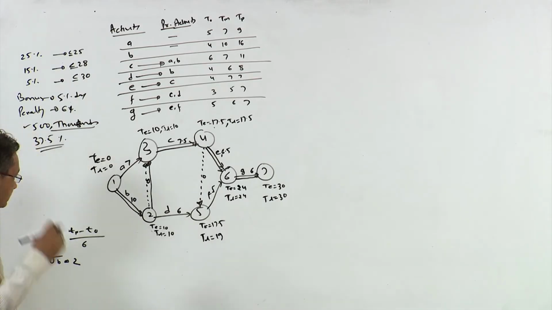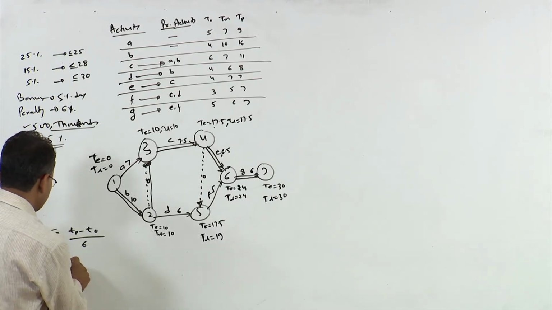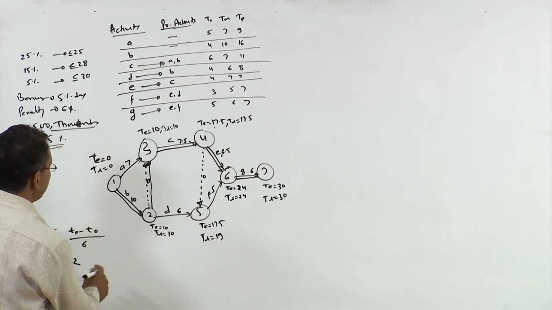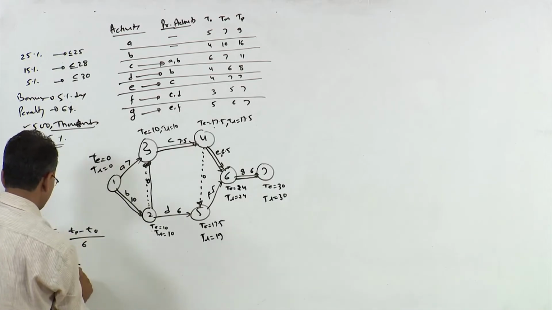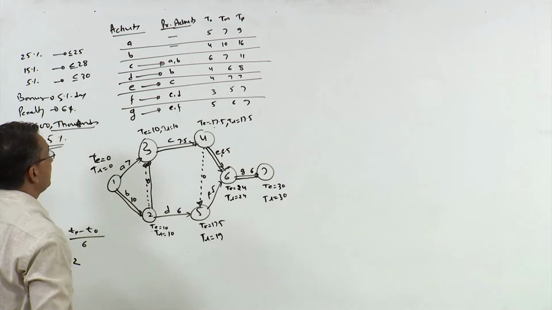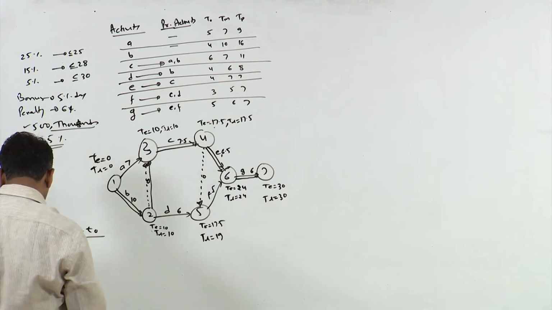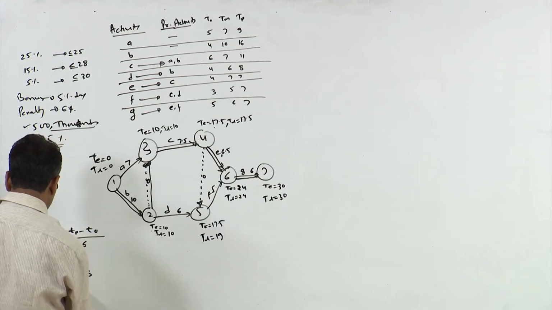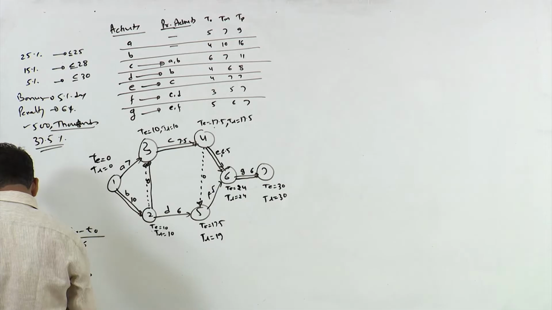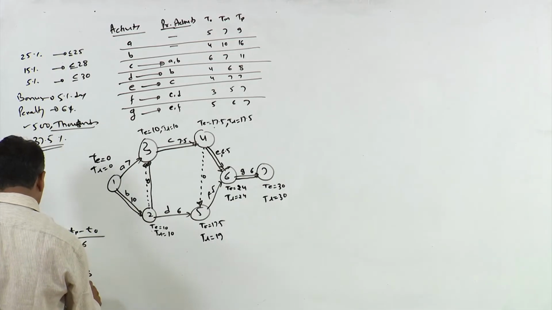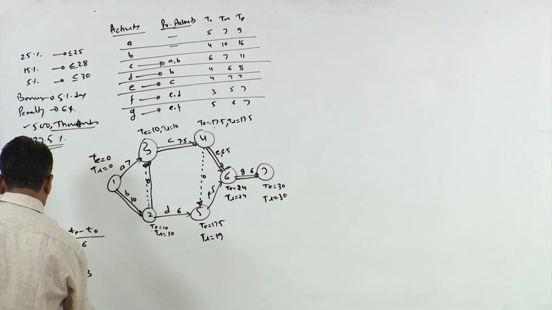For activity C, it would be 11 minus 6, 5 divided by 6, so you will get 0.83. For activity E it is 0.5, and for activity G it is 0.33.